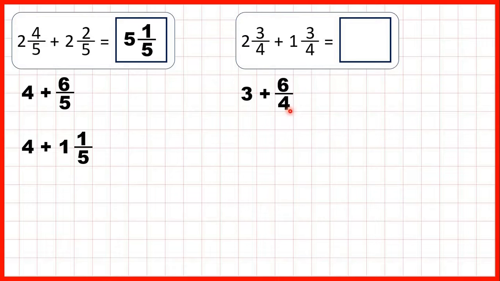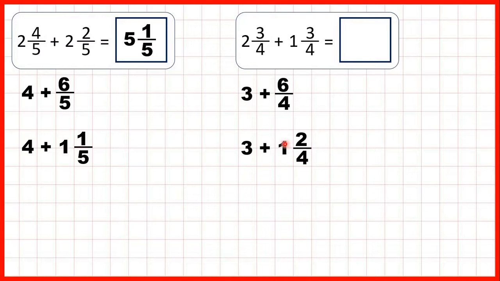But again, we can't write 3 and 6/4 as our answer, because we can't have an improper fraction in a mixed number. We need to change 6/4 back into a mixed number. So 6 divided by 4 is 1 remainder 2. So 6/4 is 1 and 2/4 as a mixed number.